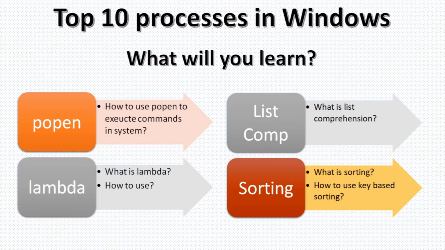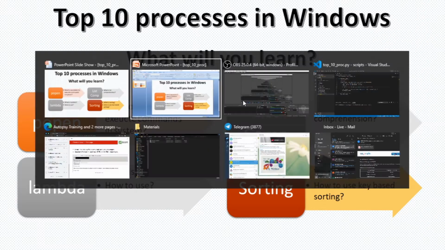And lambda, we are going to see what lambda is, how to use it, and where we are going to use it in this particular example. And list comprehension, you could have been aware of how to use list comprehension. And sorting, instead of plain sorting, we are going to see how to use key based sorting here. So let's start with an example.